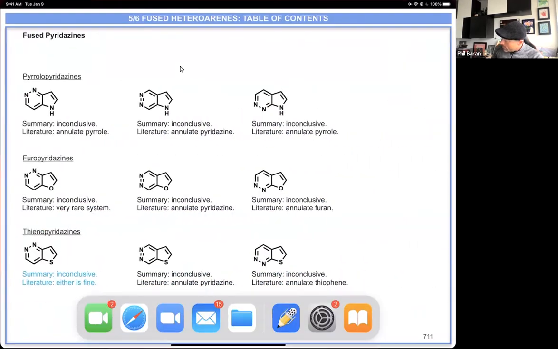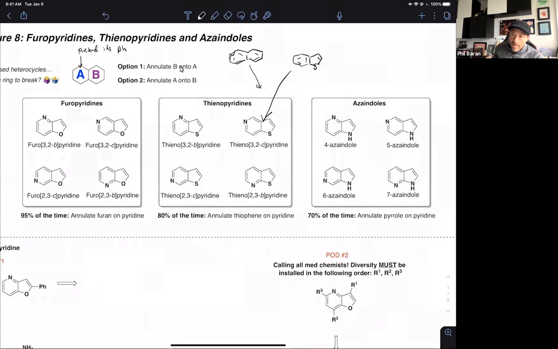And the other thing I'll mention to you is in lecture number 1, we talked about aromaticity as a guide to retrosynthesis. And many of you may have been confused by what in the world I meant by that. And as you'll see, these rules correlate pretty well to that in terms of the degree of aromaticity of pyridine, which is very close to benzene relative to the other heterocycles.